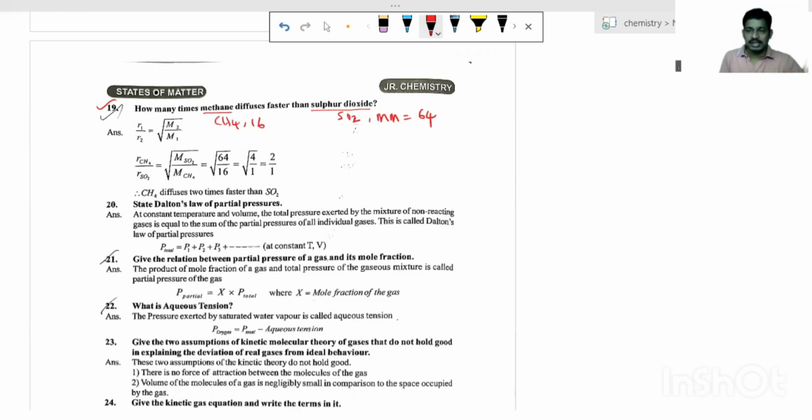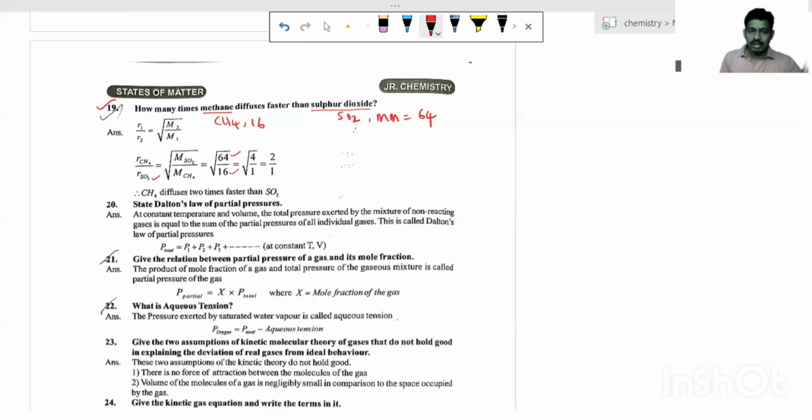So when two gases, if they ask how to get the relation between the rate of diffusion of these gases, simple, R1 by R2 is equal to under root of M2 by M1 is the formula. So here R1 is nothing but rate of diffusion of methane and R2 is the rate of diffusion of sulfur dioxide, is equal to square root of molar mass of sulfur dioxide by methane. So molecular mass of sulfur dioxide is 64 and methane is 16.